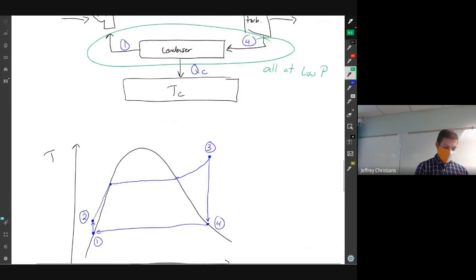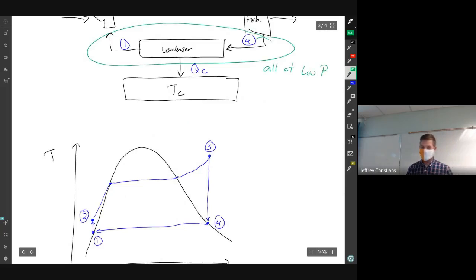And then the condenser part from 4 to 1 is similar to the boiler, where we're taking in a vapor and we're turning it into a liquid, but everything is happening at the same pressure. As I have it drawn here, the condenser is operating at the same pressure and the same temperature. But it doesn't have to be that way. It is that way in the ideal Rankine cycle. But we'll talk next class about little modifications that we can do on this.